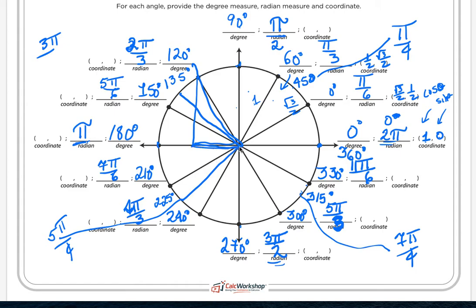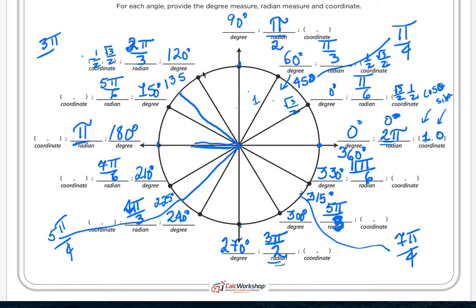Well, the short side looks like it's the x, right? And the long side is the y value. But you're in quadrant 2. So what is the cosine of this going to be? Well, it's now going to be the short side, but the x is negative in this quadrant, so it's negative 1/2. That's my short side. And the long side is still positive, square root of 3 over 2, right?